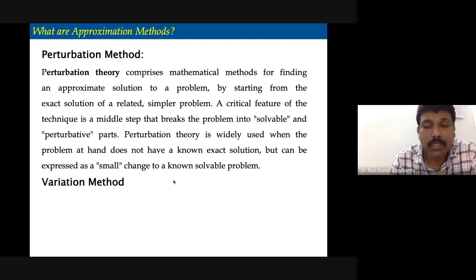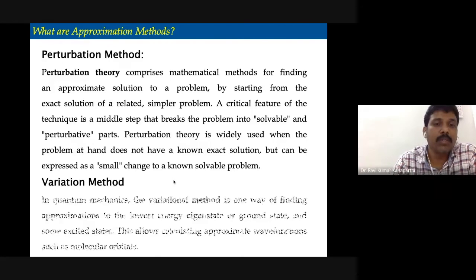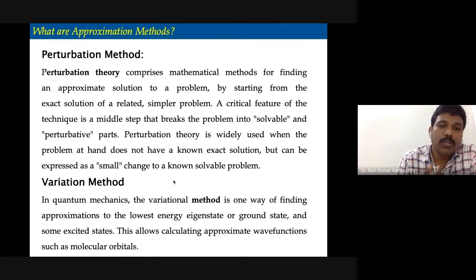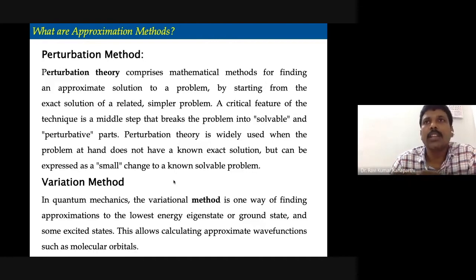The other method is the variation method. In this method, most of the time we are not interested in all the solutions of any given system. Most of the time, what is required is at least the ground state: what is the energy of the system and what is the wave function of the system.